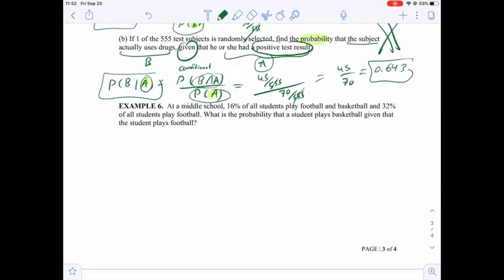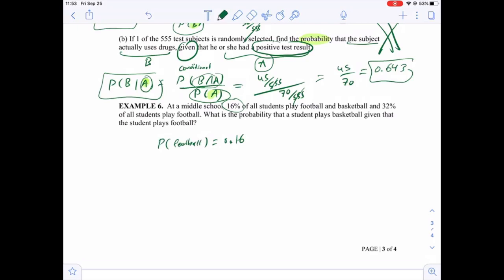Now another example. At a middle school, 16% of the students play football. So the probability of students who play football is 16%, that means 0.16 when we write it as a probability, because probability should be from 0 to 1.